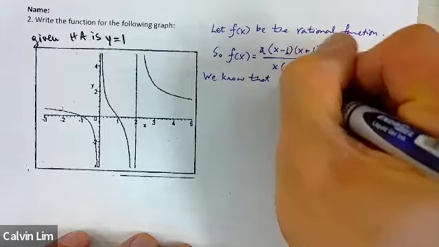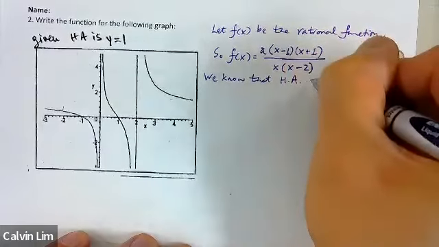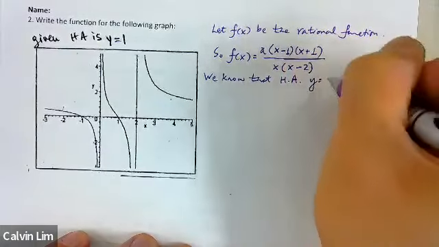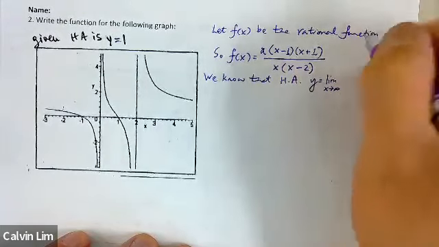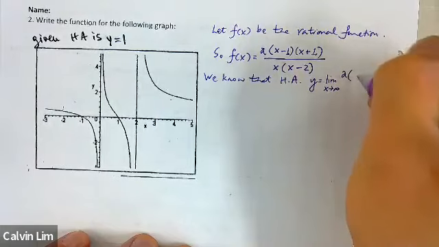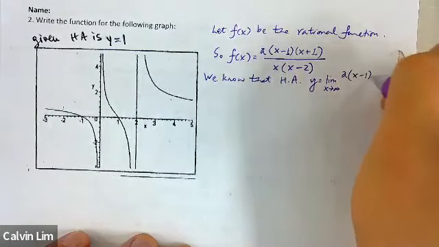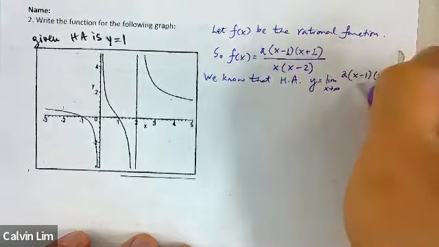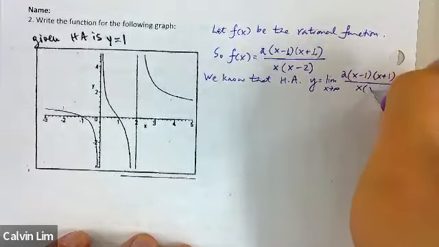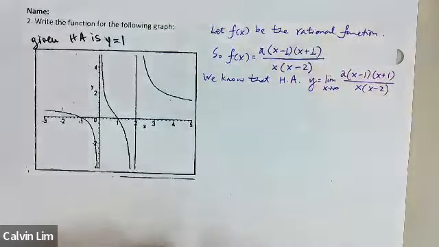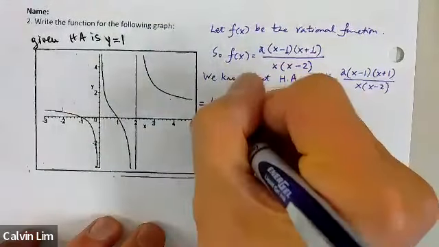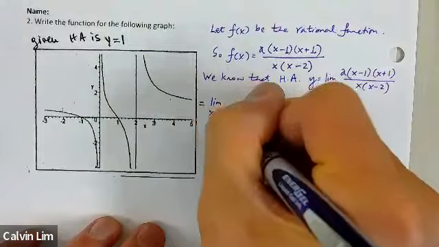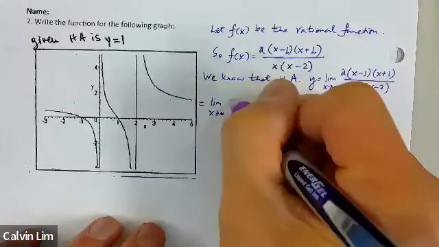We know the horizontal asymptote is defined as y equals the limit as x approaches positive infinity of the function. Now let's manipulate this. a stays the same.